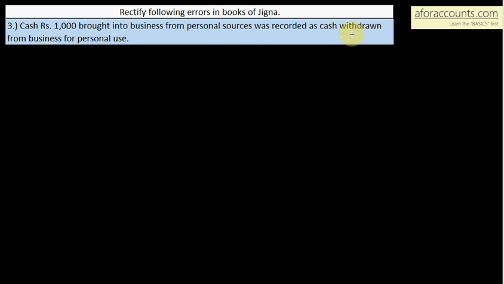Was recorded as cash withdrawn from business for personal use. Instead it was treated as drawing. Personal use के लिए cash ले लिया, घर के use के लिए, so that is drawing and entry कर दी drawing to cash. So our proper format: right, wrong, reverse and rectified entry.